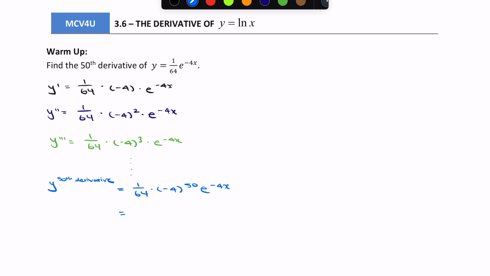We can rewrite this 64 as 4 to the power of 3 times negative 4 to the power of 50 e to the power of negative 4x. Here, the negative 4 to the power 50 over 4 to the power 3, we can simplify to be equal to 4 to the power of 47 using exponent laws with the same base, multiplied by e to the negative 4x.